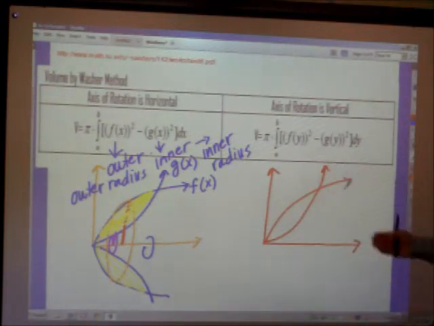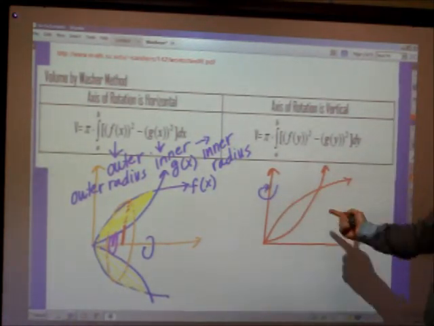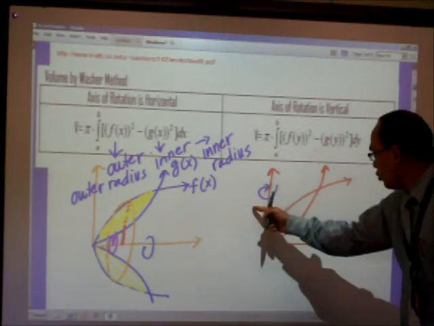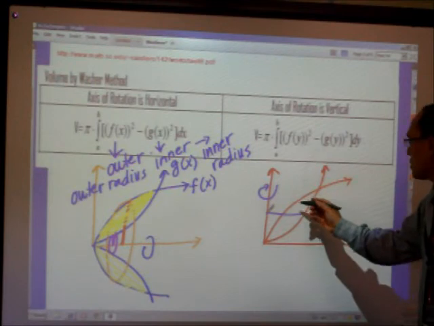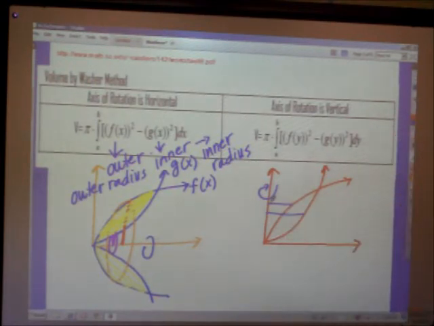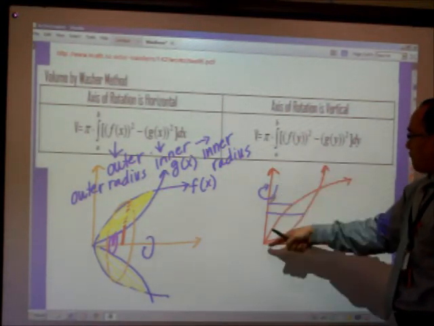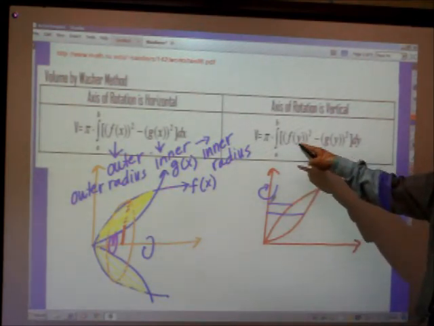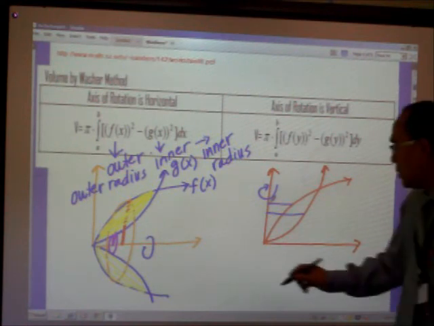If we rotate it about this axis, the y-axis, noticing here that this function becomes the outer function, and this function here becomes the inner function. But because we are rotating about the y-axis, our functions are given by f of y, g of y. So it makes sense, so we can start answering problems.